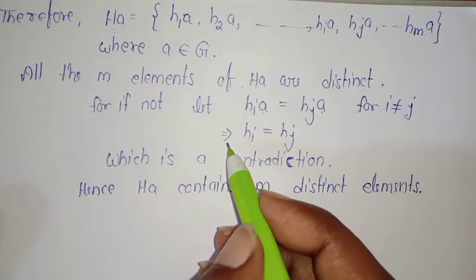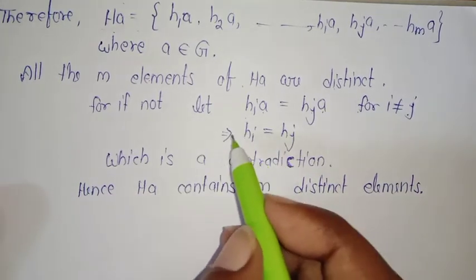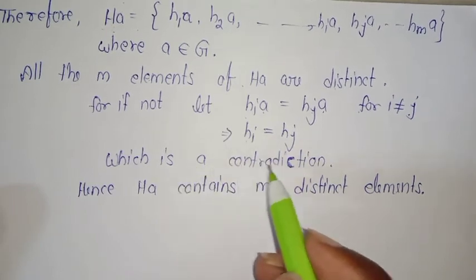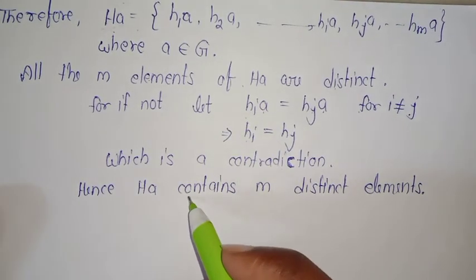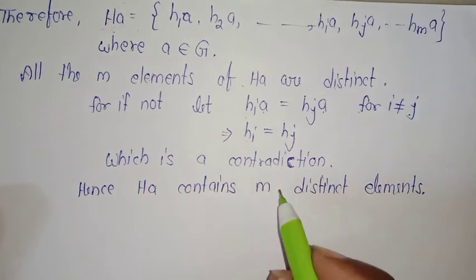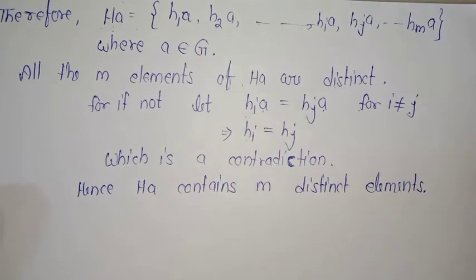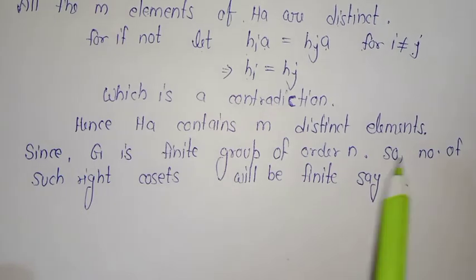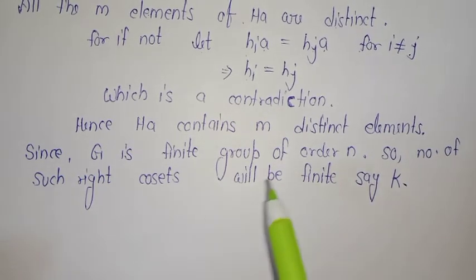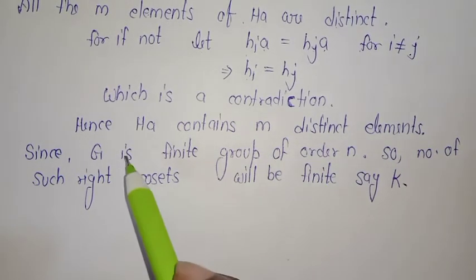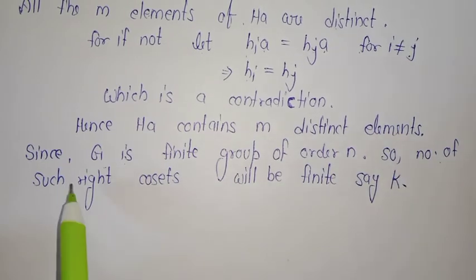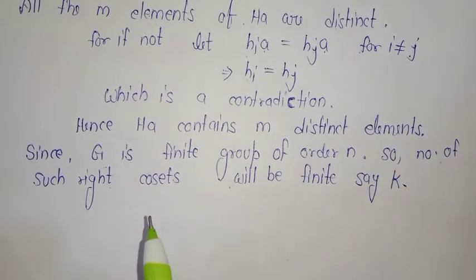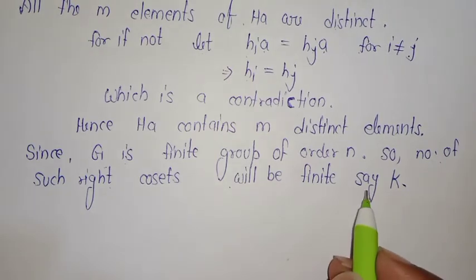This implies that every element of the subgroup is the same, which is a contradiction, and so we always take that Ha contains m distinct elements. Since G is a finite group of order n and H is also a finite subgroup of G, the number of distinct right cosets, that is the index of the subgroup H in G, will also be finite, say k.